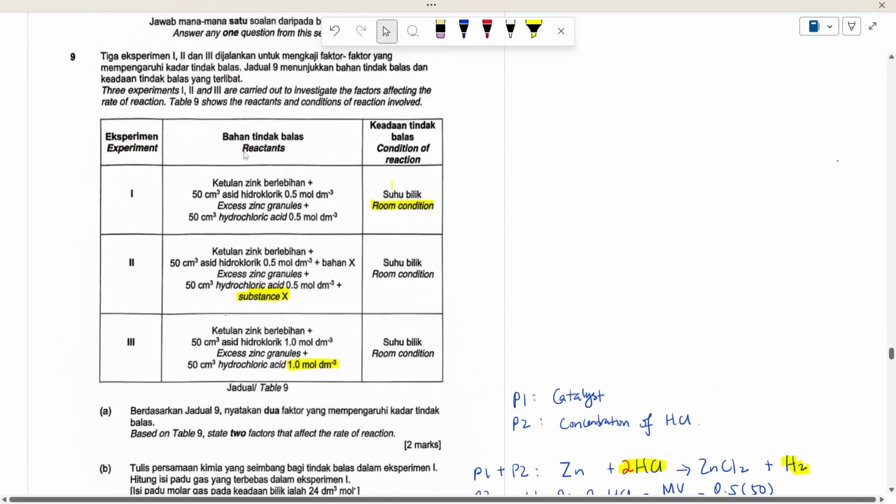Let's say now we want to check the 1 and 2, volume and concentration are the same for set 1 and 2. Just set 2, it has the catalyst of substance X, right? So meaning that set 2 will be higher rate of reaction compared to set 1, because of the presence of catalyst.